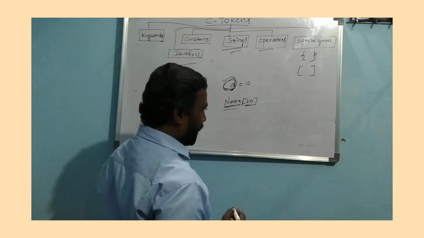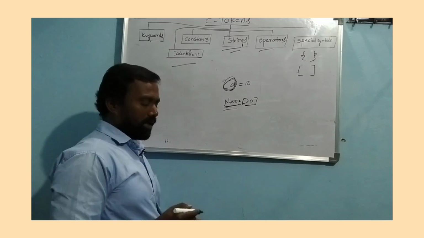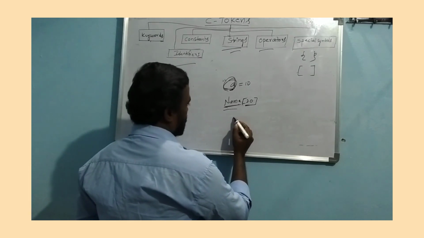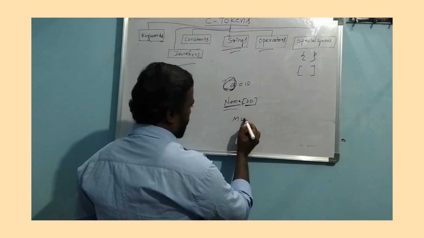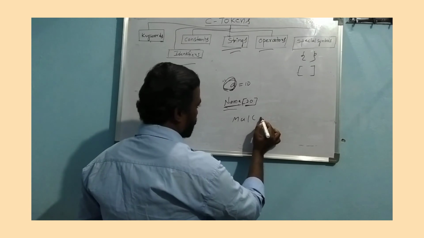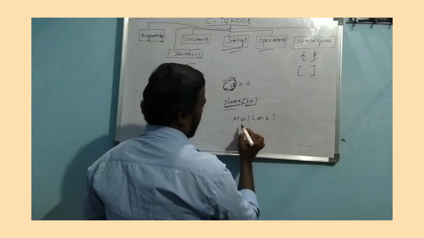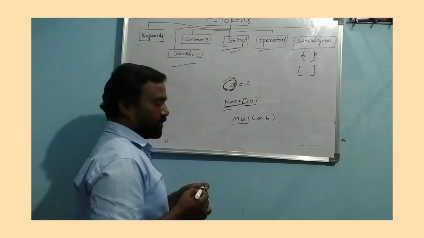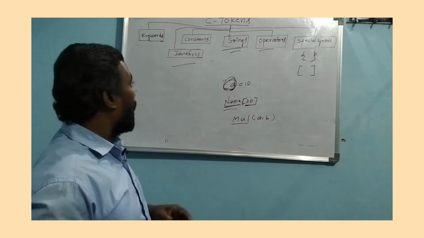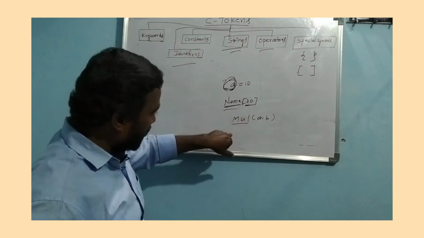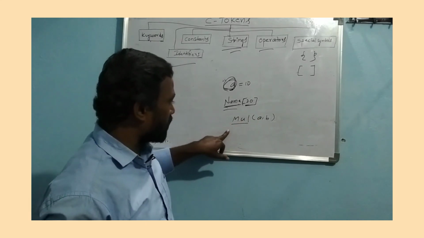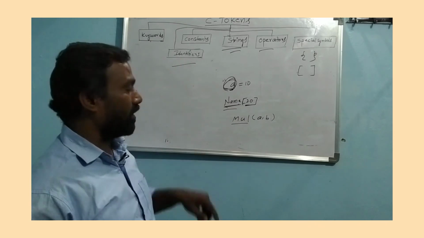Name is an array name, and it is also an identifier. And one more important thing, for example, multiplication of a comma b. Multiplication is a function name. We identify the function by the name multiplication. This one also comes under identifiers.